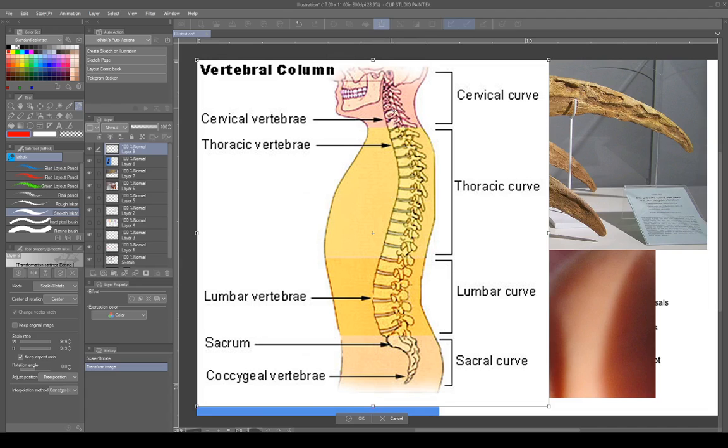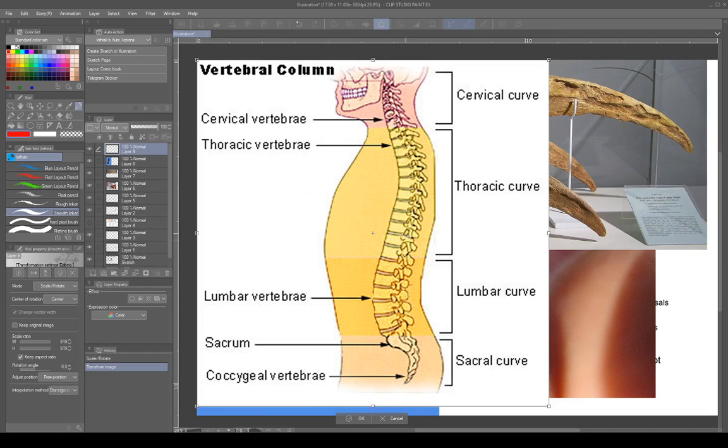Right up next to the neck and the head are the cervical vertebrae. The thoracic vertebrae are where the ribs attach, so depending on how many ribs, they're going to have the same number of thoracic vertebrae. There's the lumbar vertebrae before the rear legs, and then we've got the sacral curve. In humans, this is part of the pelvis, so it's all fused together. So there's the sacral vertebrae, the sacral curve, and the coccyx, the very end of the tailbone here in humans.